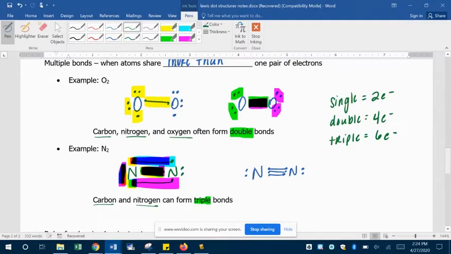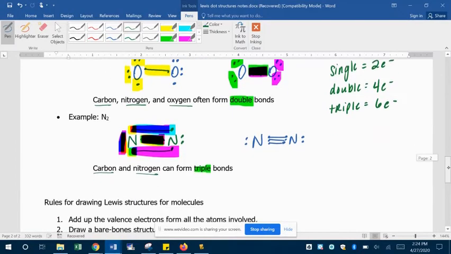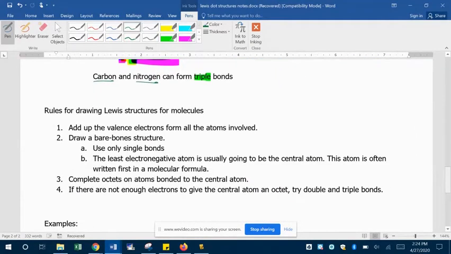So now let's try drawing some Lewis structures for ourselves. The first thing that we want to do is add up all of our valence electrons from all our atoms involved. Then we want to draw a bare bones structure using only single bonds.